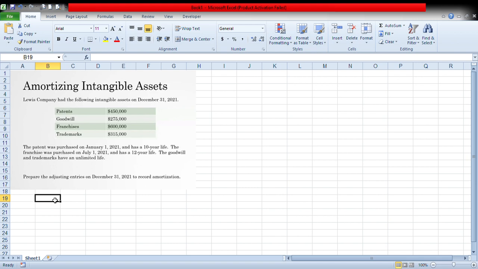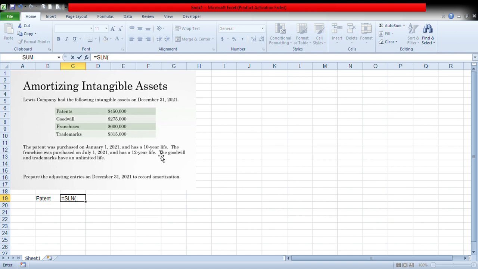Let's calculate the patent first. For the patent we need to calculate using the depreciation formula. What is the formula? Straight line method, straight line depreciation cost.